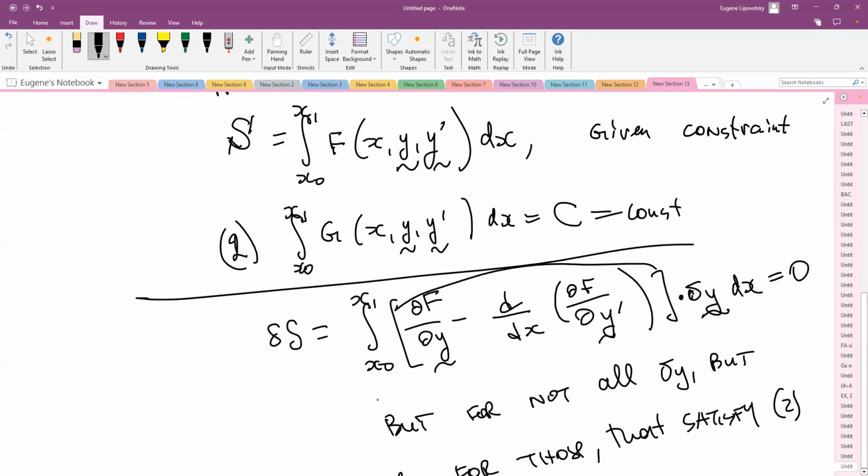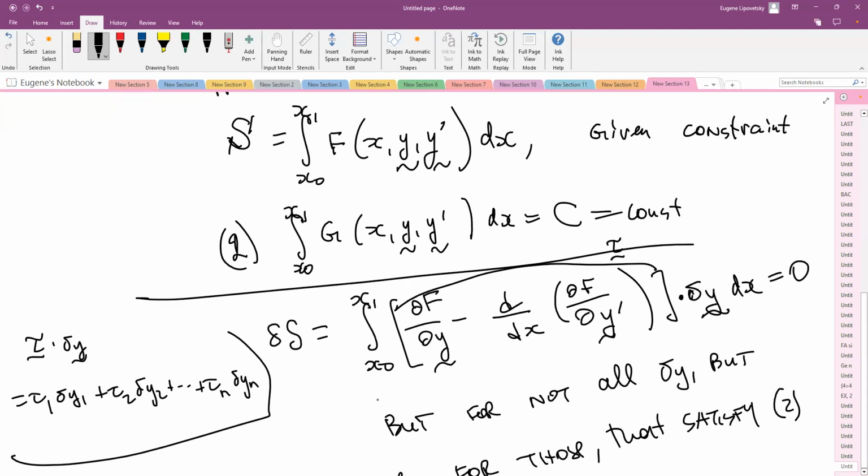If you call this tau, then tau dot product with delta y will be tau 1 times delta y1 plus tau 2 delta y2 plus etc., plus tau n delta yn.